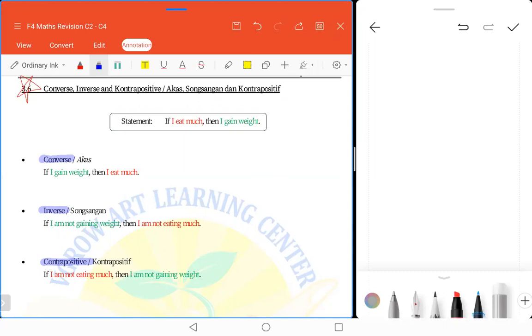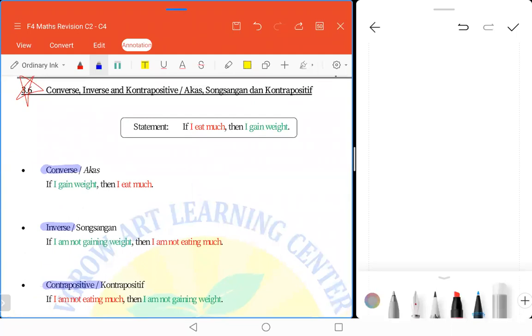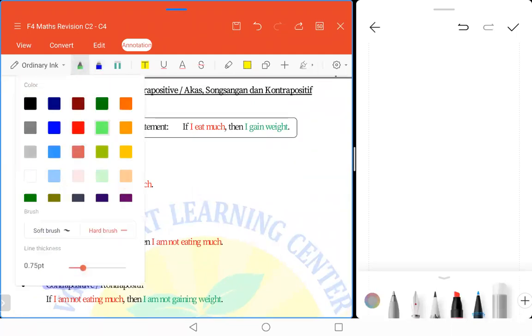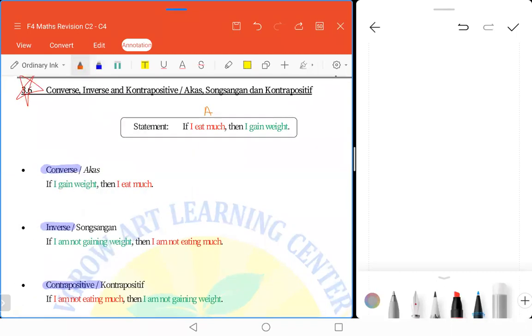Agree? All right. If I eat much, this first part is sentence A. Then this is B. So if A, then B. Converse means terbalik, opposite. So if B, then A. So your answer will be, bring the sentence at the back to the front: if I gain weight, then I eat much.